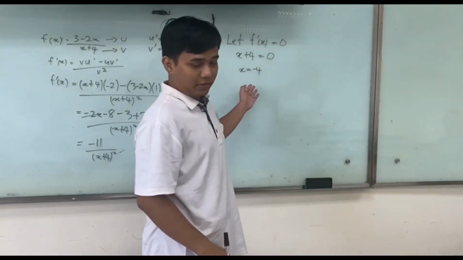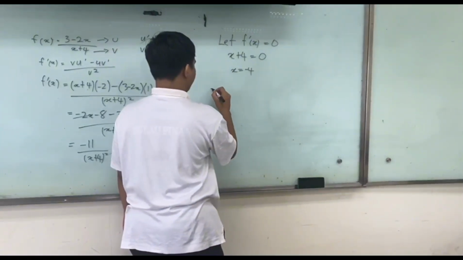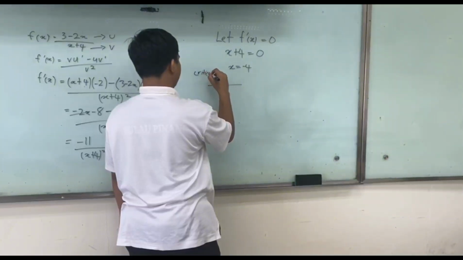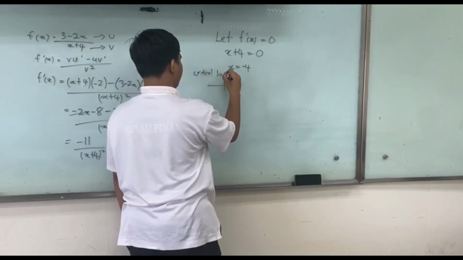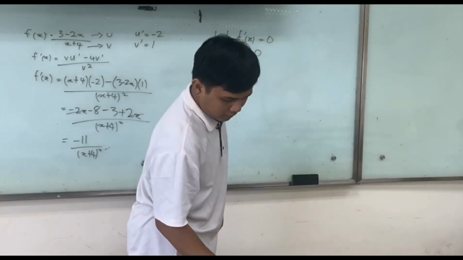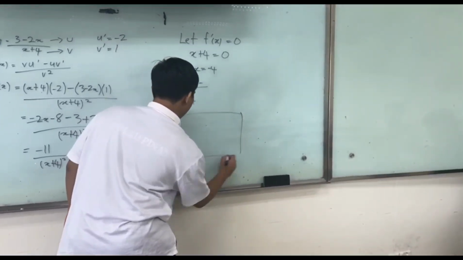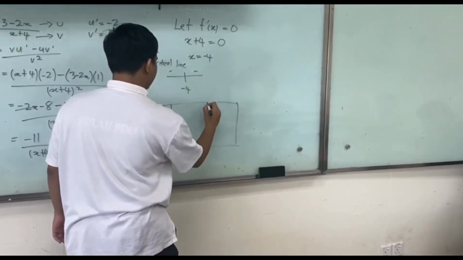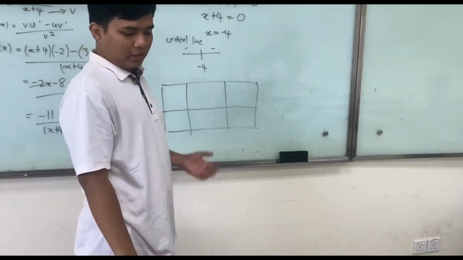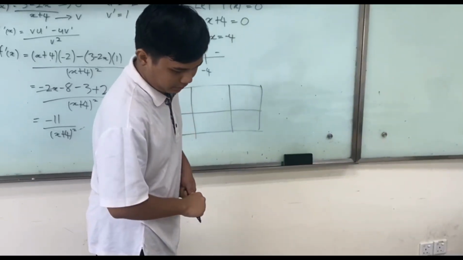After we find x, we do a critical line. We also need to do a table so that we can test the value and see whether the sign is negative or positive.